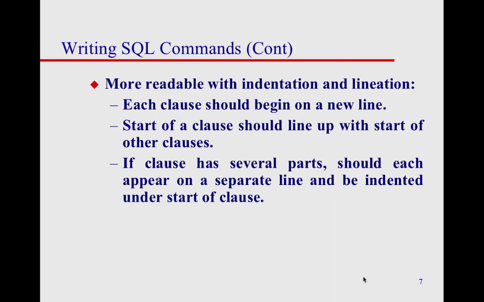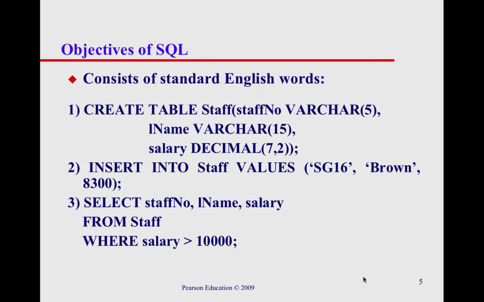Now, when you write your SQL commands, please indent them nicely, just like you would indent your code nicely. So back here, that was not indented nicely. Okay, actually the first one was indented nicely, but query 3 was not indented nicely. You would like to see the from and the where nicely indented.